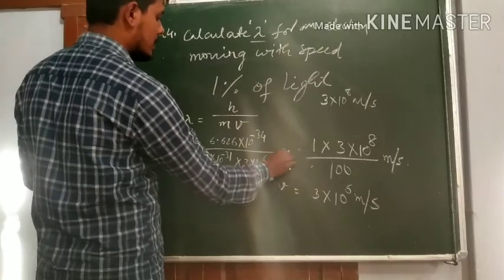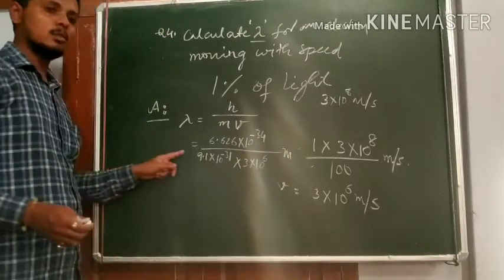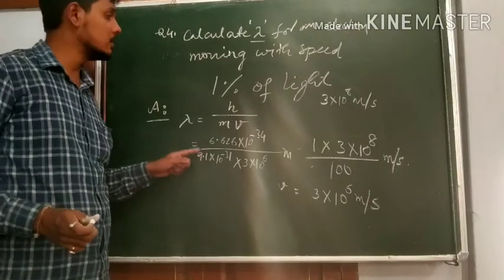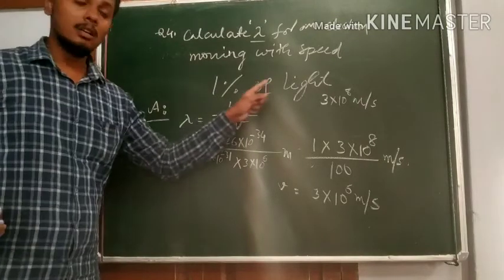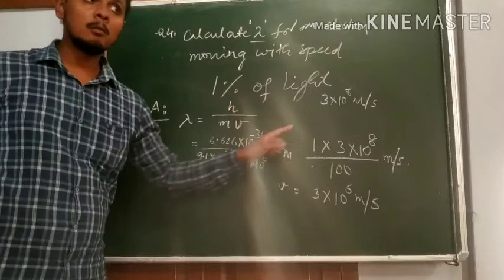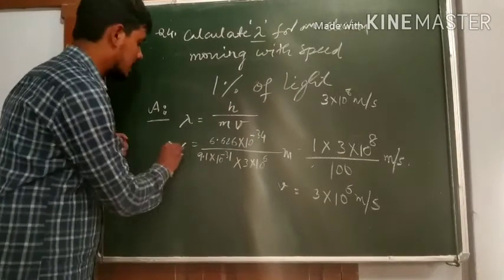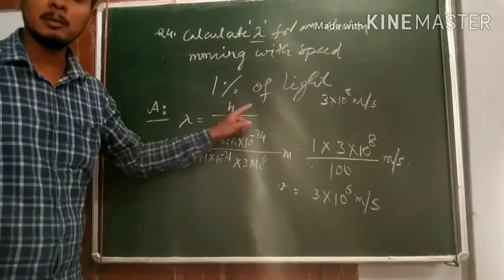The answer will come in meter. Please solve this and send the answer as homework. So in this way we calculated 1% of the speed of light first and then utilized it to calculate the wavelength associated with the electron moving with this much speed.